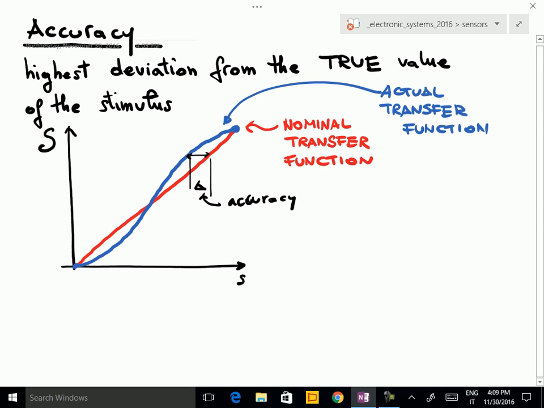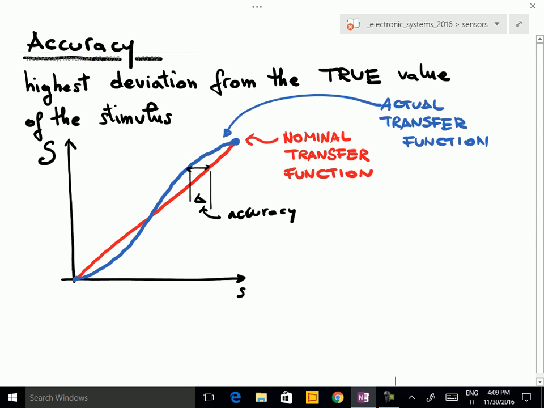Because this delta is the maximum error that I can make. If this is the true value, the real value of the stimulus, this is the response that I have, and since the red line is the nominal transfer function, the value of the stimulus that I measure is S star.